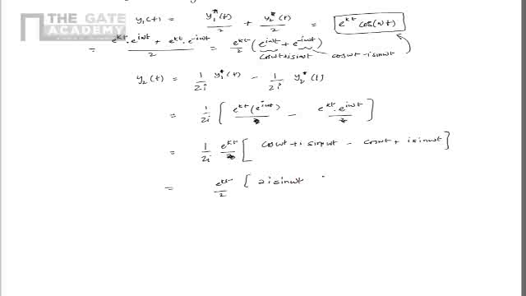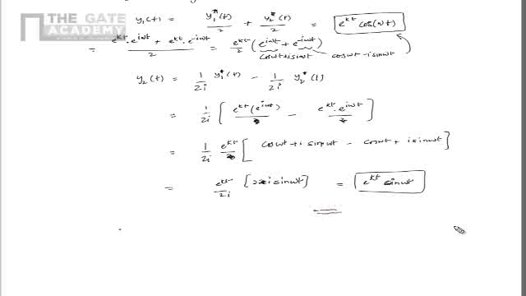So you'll get 2i, and here you have 2i, and obviously here you will get 2i, so this will give e power kt sin omega t. This gives rise to e power kt sin omega t.